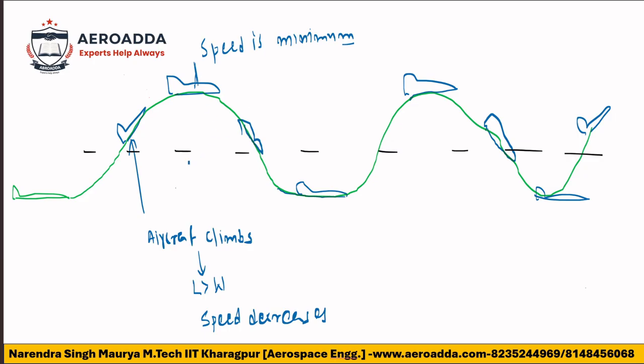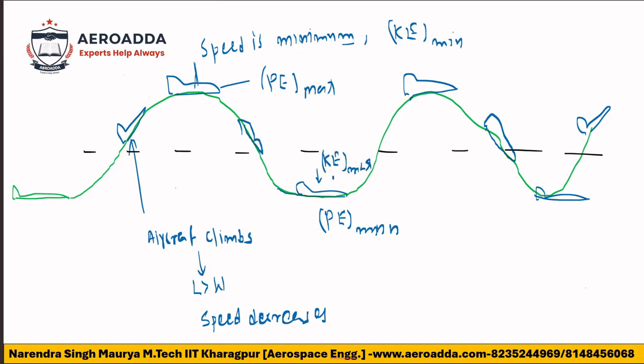I'm talking about the speed with which it is going up and down, not the cruise speed. So speed will be minimum, which means kinetic energy is minimum. But what about potential energy? Check. Because of high altitude, potential energy will be maximum. Similarly, here potential energy is minimum. Then obviously kinetic energy will be maximum.